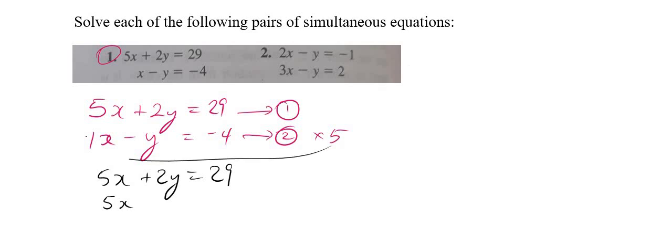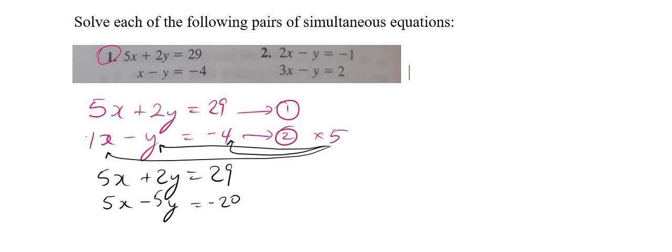We multiply 5 by the first term, again by the second term, and again by the third term. Each term gets multiplied by 5, and that's what it means to multiply an equation by a number. So 5 times negative y will be negative 5y, and 5 times negative 4 will be negative 20.